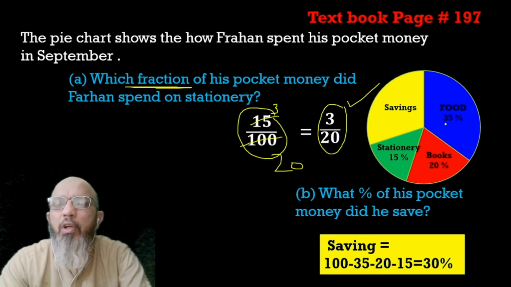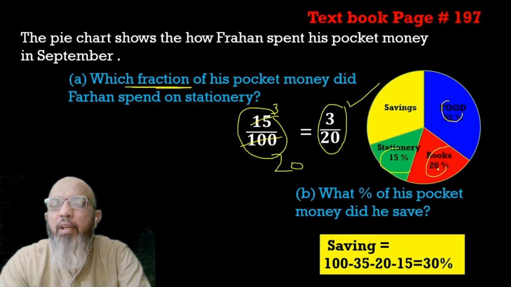If we add all these three, we will get 20 plus 45 plus... that is 70%, right? So 70%, when we subtract from 100, we will get 30% as our answer.